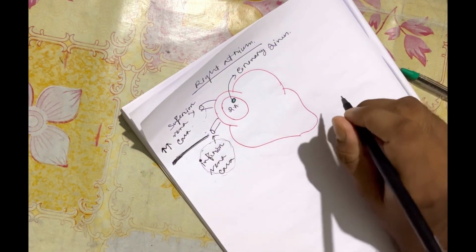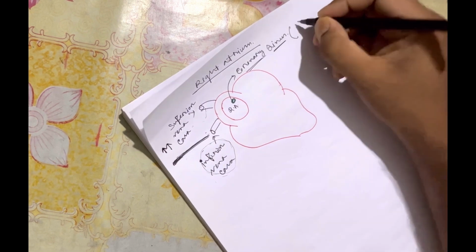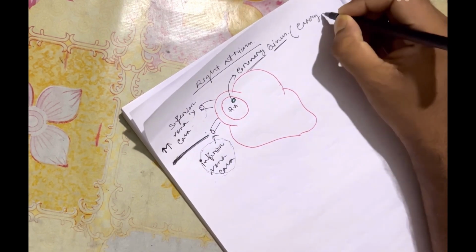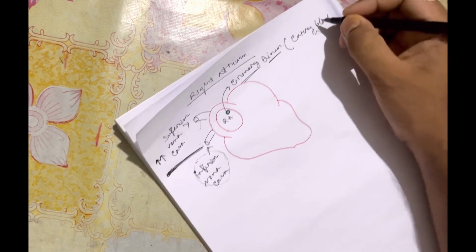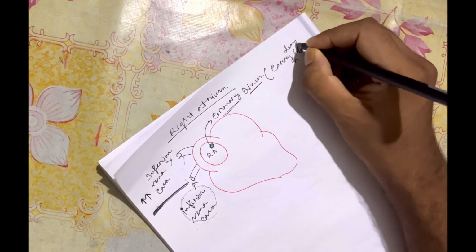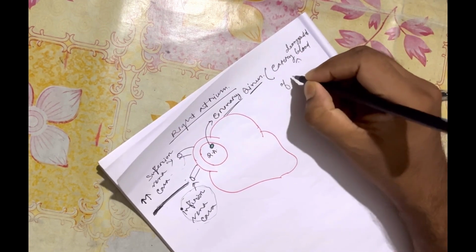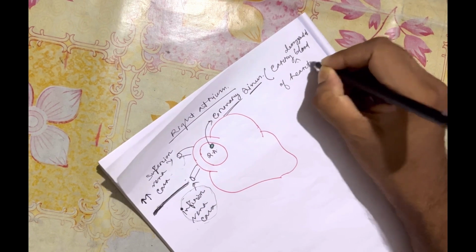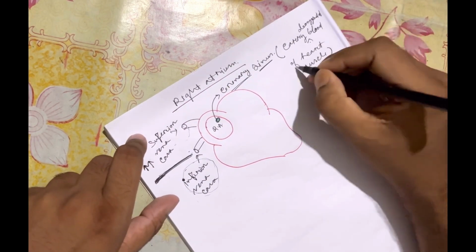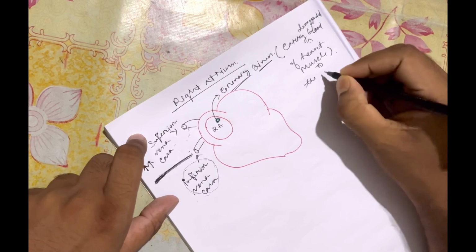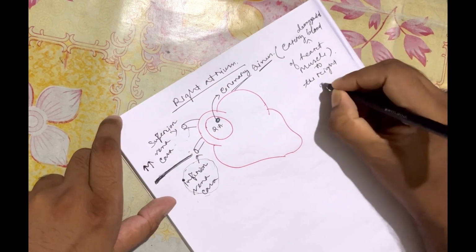Okay, so what is the role of that sinus? The coronary sinus will basically carry the deoxygenated blood of the heart muscle to the right atrium.